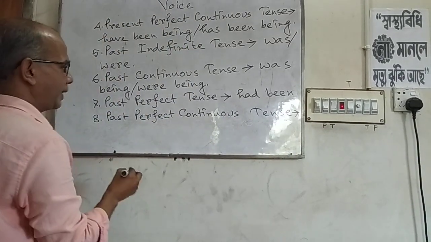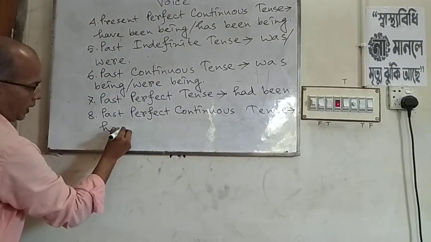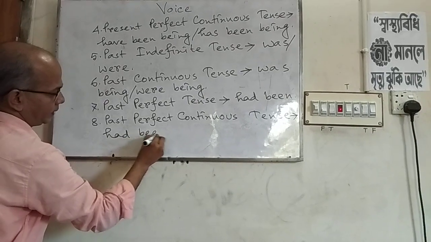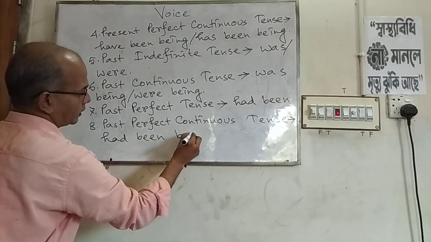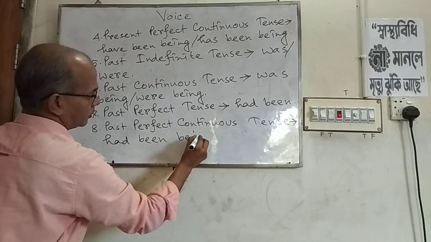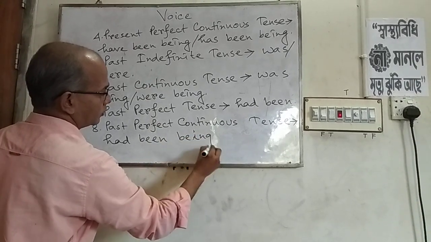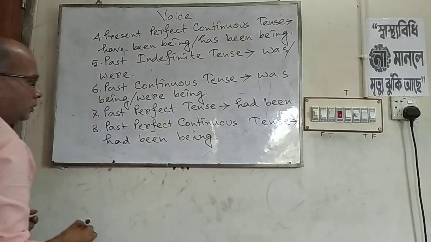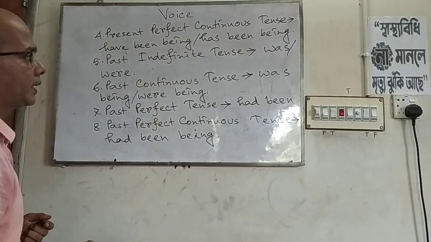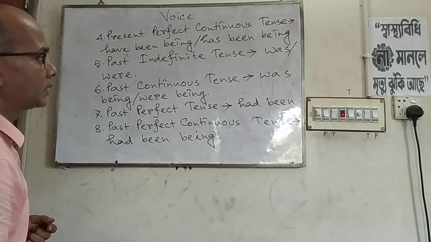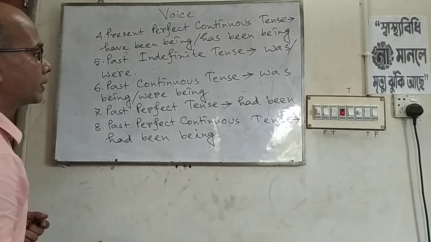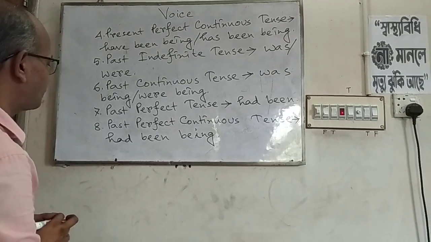And auxiliary verb is had been being. So past tense has been ended. Now there is only future tense to complete.